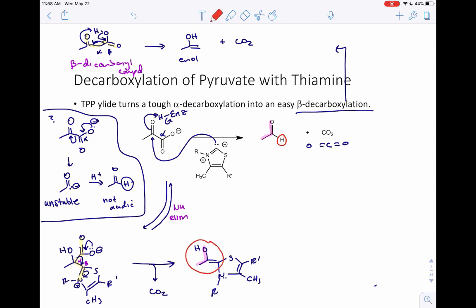And I can protonate the enol. But if I protonate the enol, I'm going to be making the bond to this carbon. And that's not my goal, right? My goal is to be making the bond to the carbonyl carbon. So that looks like a dead end.